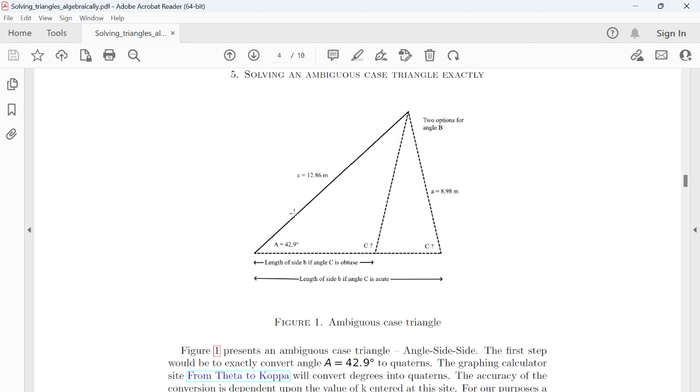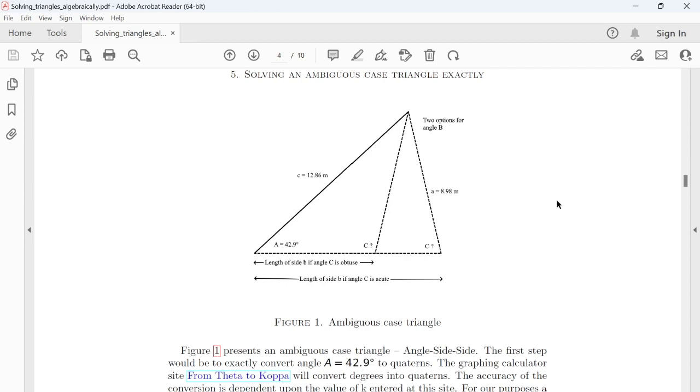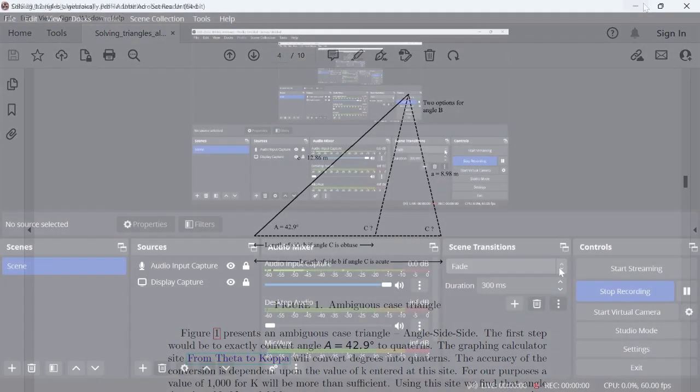They give you this side C here, this large side right here, and they give you the side opposite A, which is side A, over here. What you don't know is angle B, and you have 2 options for angle B because this is an ambiguous case, and you don't know angle C, and you've got 2 options for that as well. And so we will work on solving this triangle.